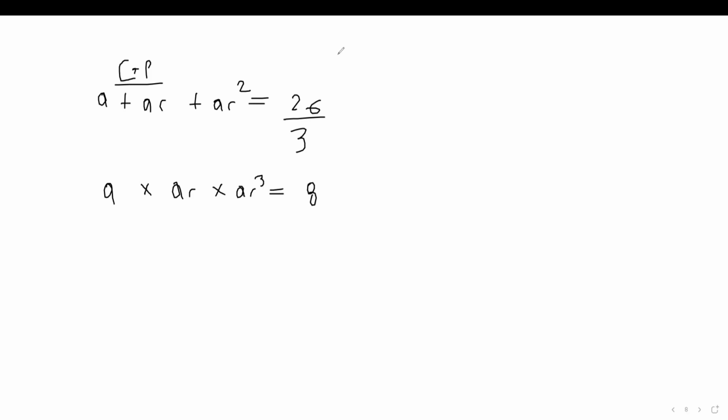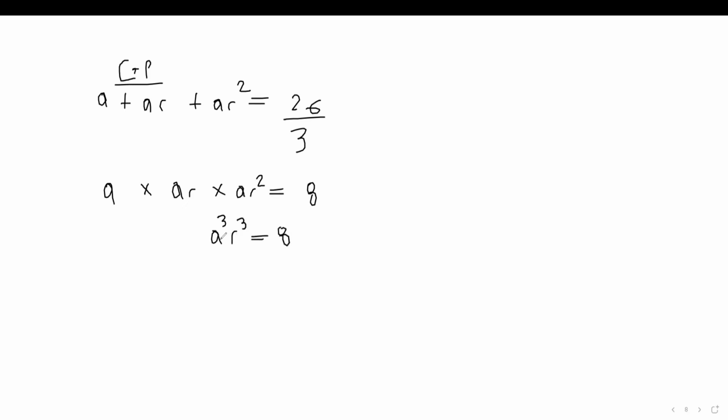AR squared, why did I put cube? AR squared. So now working out the product, A times A is A squared, and then R times R squared is R cubed, so A cubed times R cubed equals 8.